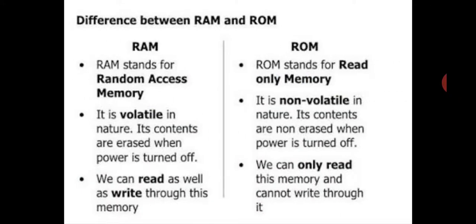The RAM stands for random access memory and ROM stands for read-only memory. This is only for your knowing, students, that the definitions of RAM and ROM are not given in the difference. Let me make it very clear to you. Never write the full forms of any word as their differences.